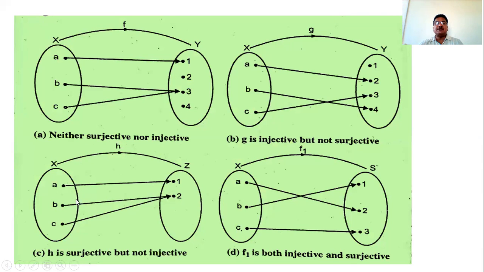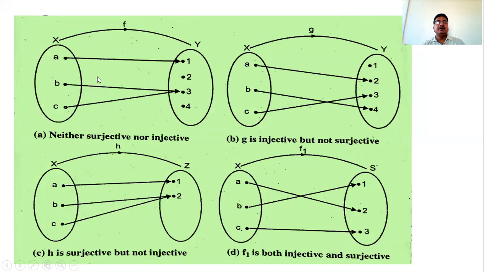This function is not injective but is surjective. This last function is also surjective, because its codomain contains three elements 1, 2, 3, and all are images of some elements. This function is both injective and surjective. So these are the four examples.